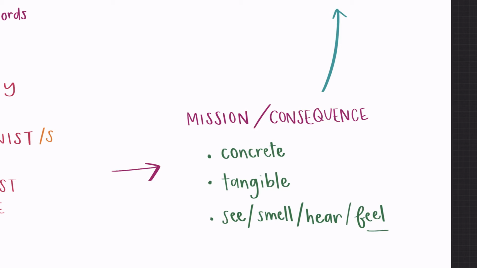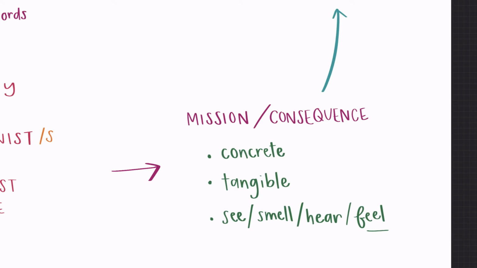Instead it should be something like to defeat the dragon who is guarding the gold ring. That's something very specific. They can picture the dragon, maybe they can hear it roaring, they could feel the fear of being around that dragon.